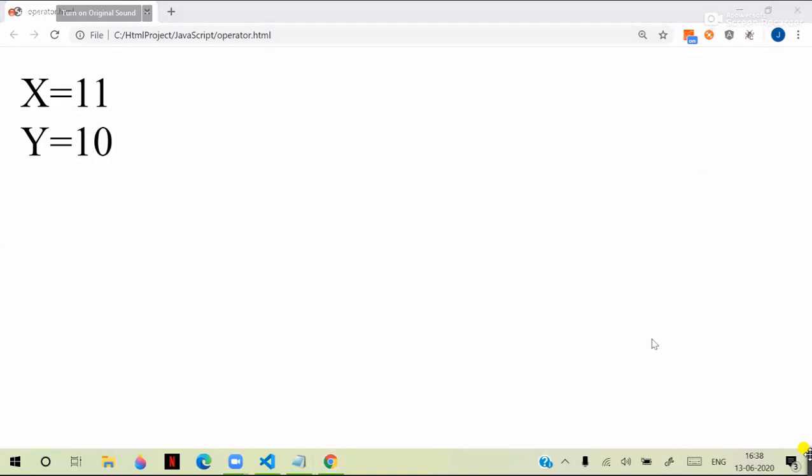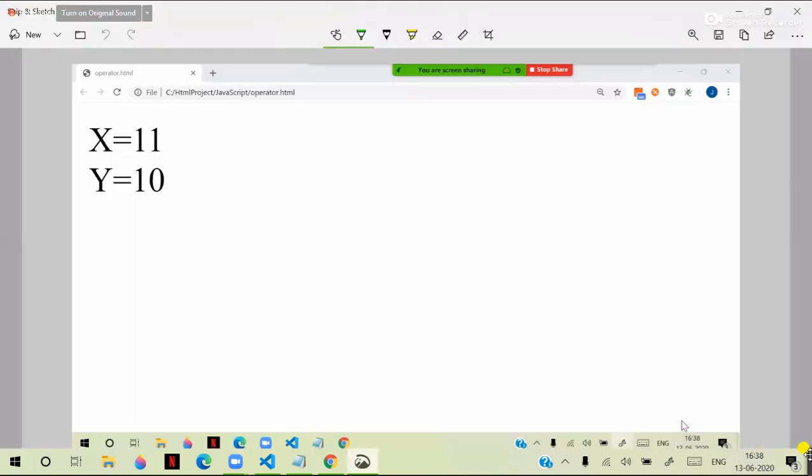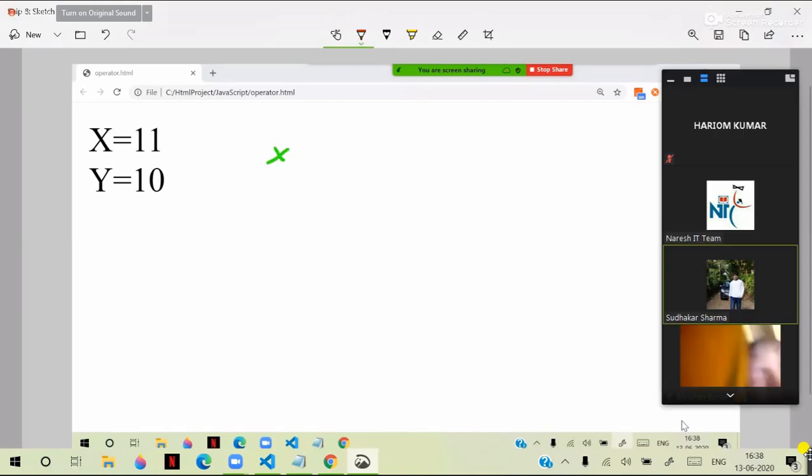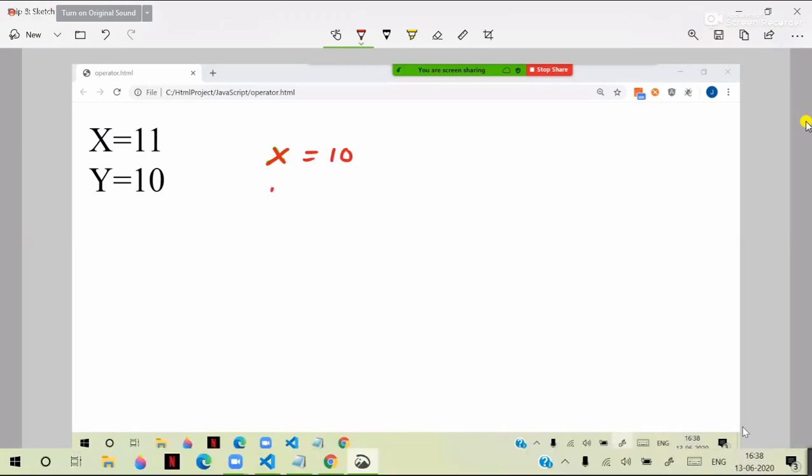I will show you what happens in post increment. Technically, x is equal to 10 and y is equal to x plus plus.